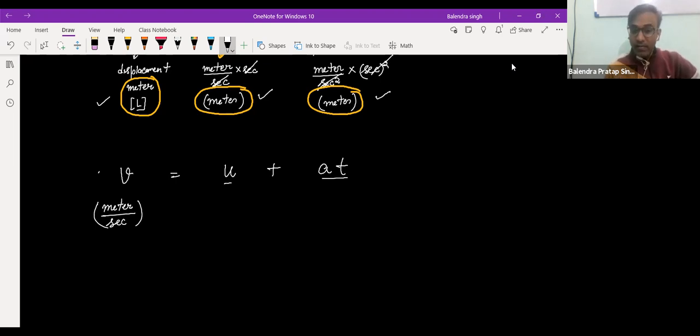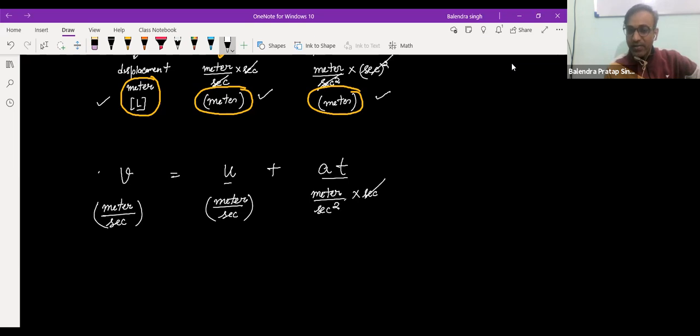So this final velocity has a dimension meter per second. Okay, so this is correct. And another term, at. Here a is acceleration, so the unit of acceleration is meter per second square. And what is the unit of t? It is second.